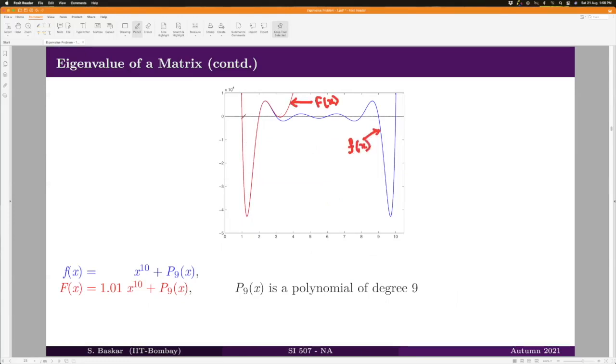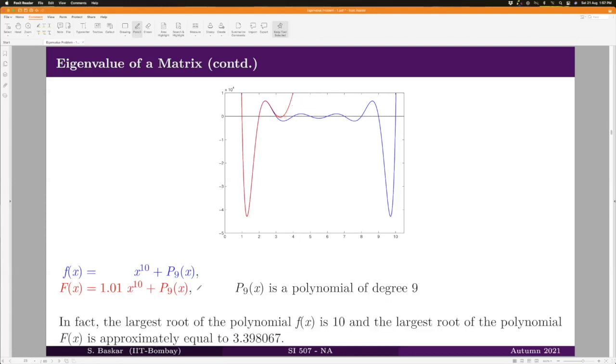And you can see that your capital F of x graph just grows off and it has roots up to here. The real roots are stopping here, and the maximum value of the real root is approximately 3.3980 and so on.